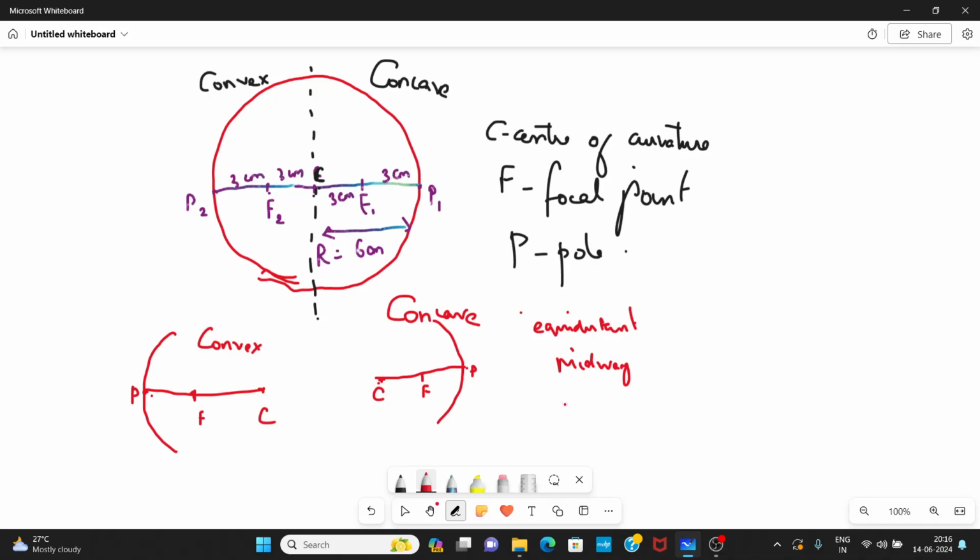Or simply, the distance CF is equal to PF, which is nothing but both are the radius of the circle. Or in other words, CP is equal to 2R.